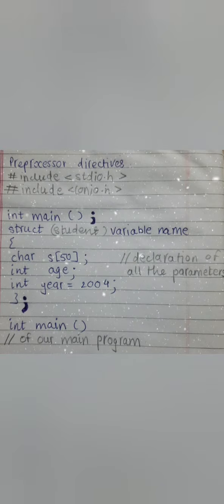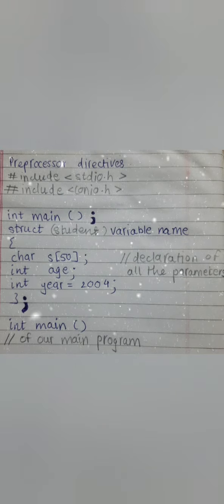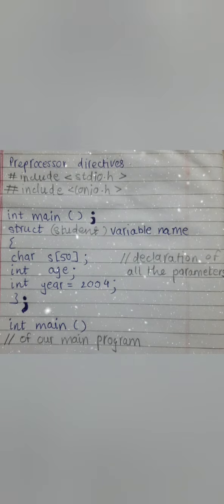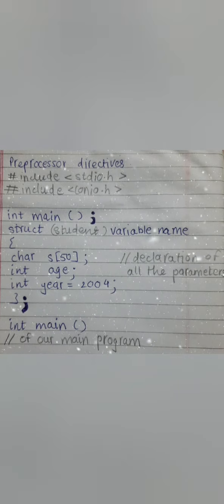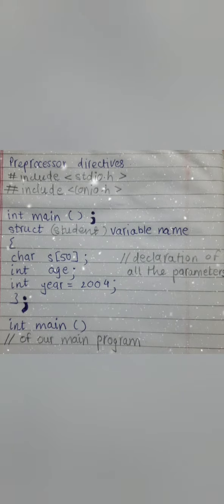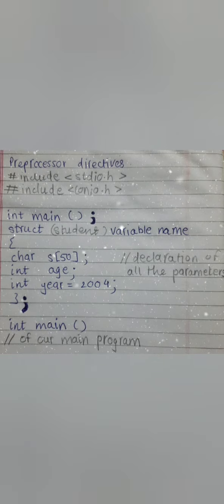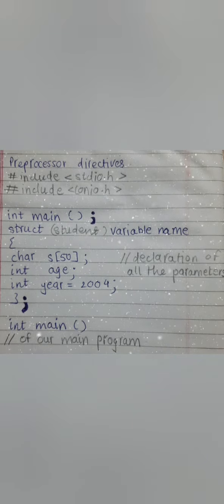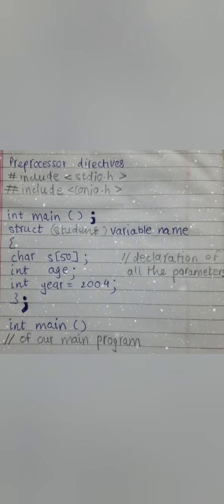Making use of semicolon over here is very important, else the program will be an error. After that, we will write the word struct, which is actually a keyword. This is being used over here so that the compiler can understand that in this program we will be making use of structures. After that, we will give space and we will write the variable name over here. Here I am using the variable name as student. Then we will make use of opening curly braces and we will declare all our parameters here itself.